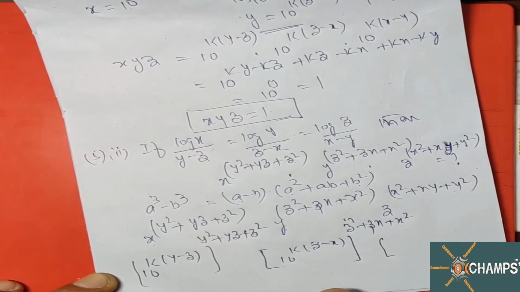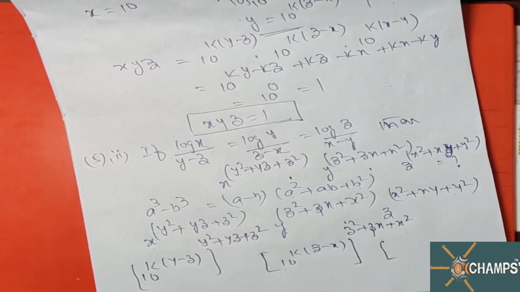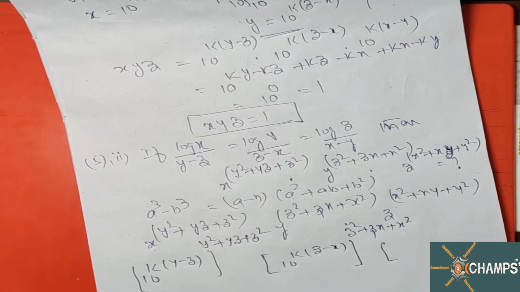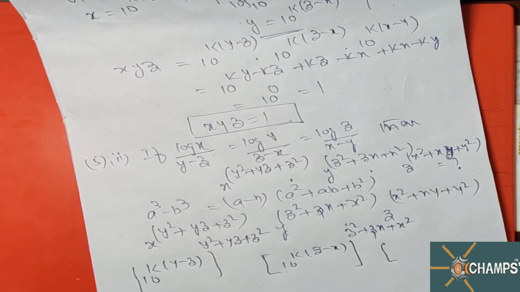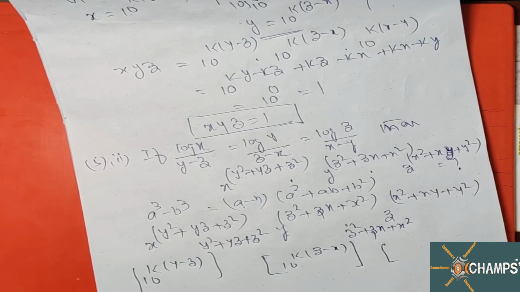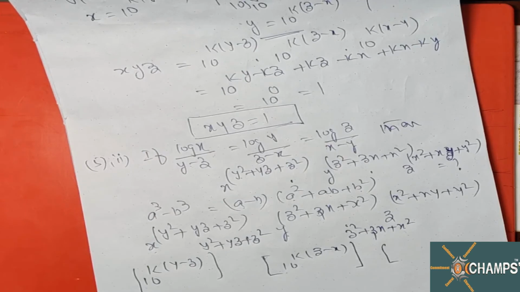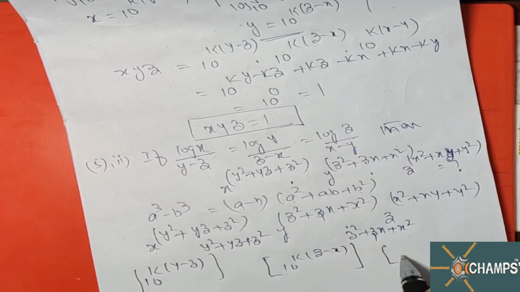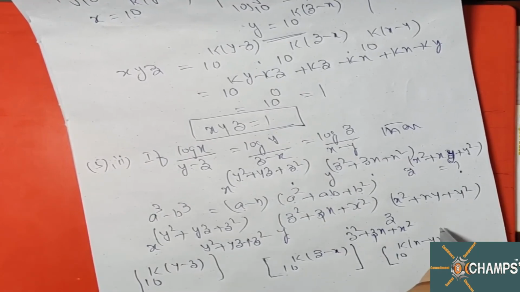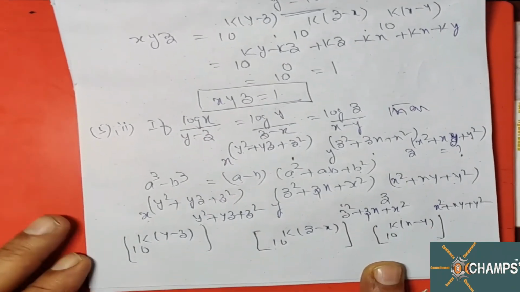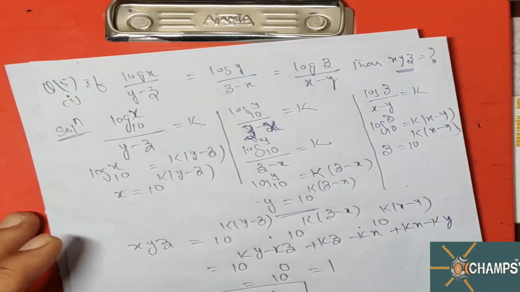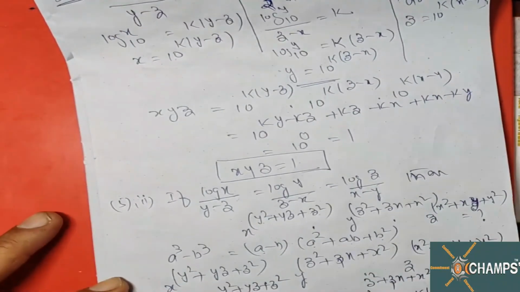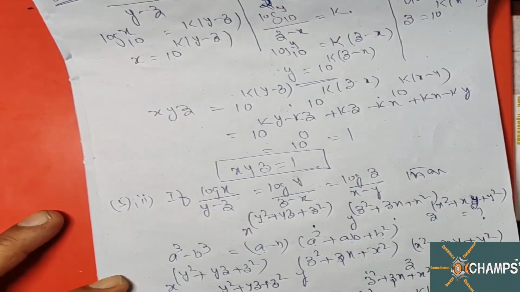This y can be written as 10 to the power of k into z minus x whole to the power z square plus zx plus x square. This z can be written as 10 to the power of k into x minus y whole to the power x square plus xy plus y square.